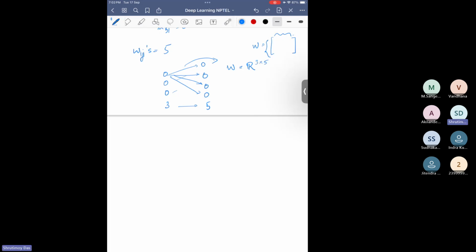So if I have some H, and I do HW, where H is your 3 dimensional vector, it becomes something H prime, which is your 5 dimensional vector, right?